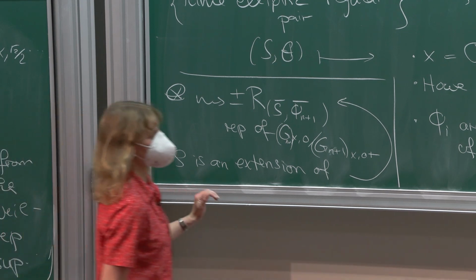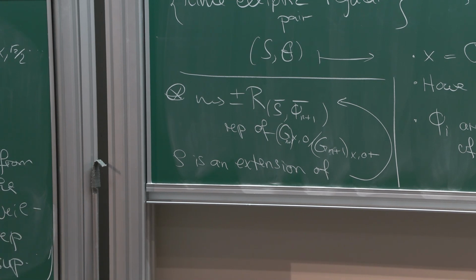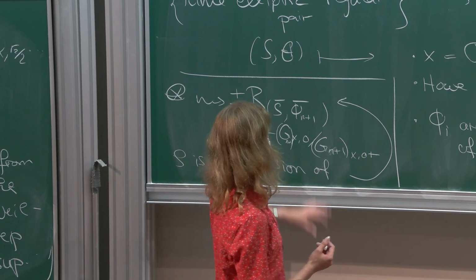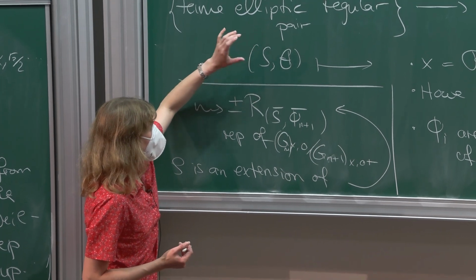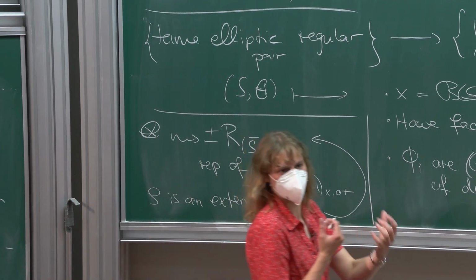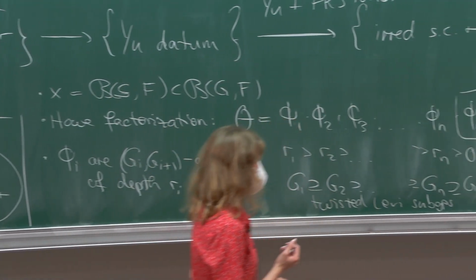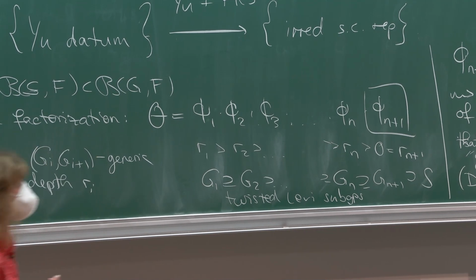So this is very impressionistic. I understand that. This is just to give you a feeling for how things work. The details are a bit more complicated. But the rough idea is start with an elliptic torus and a character. And then just by looking how we can somehow peel off pieces, we decompose this into a bunch of characters that give us these twisted Levi subgroups.